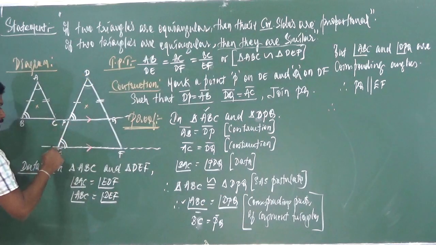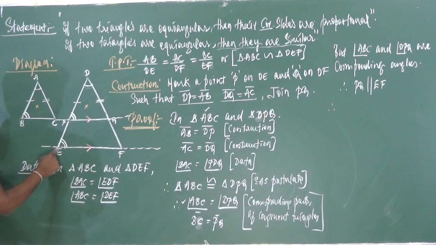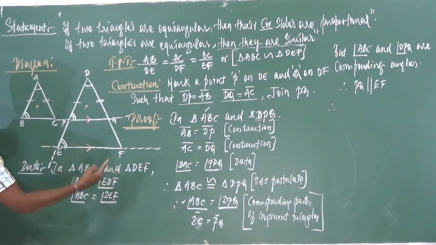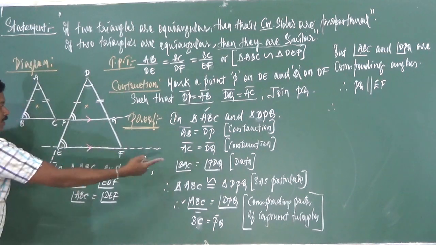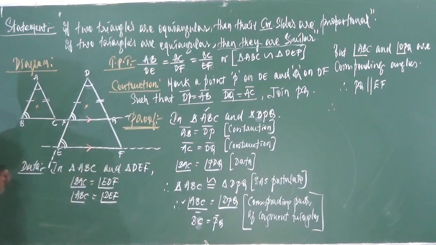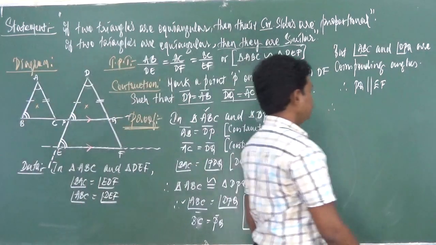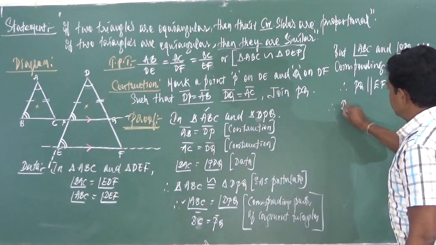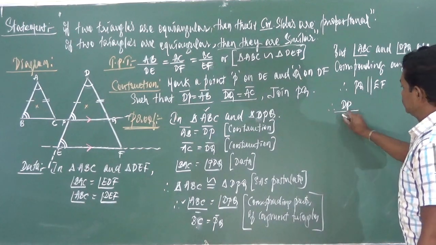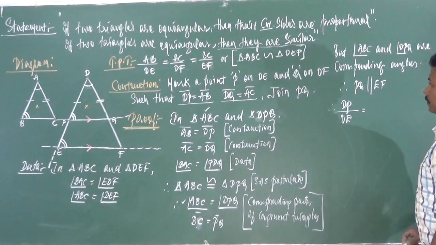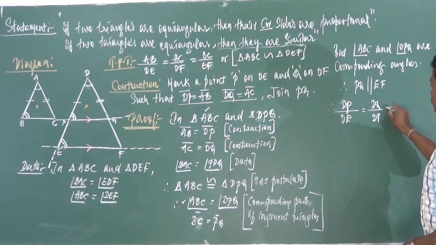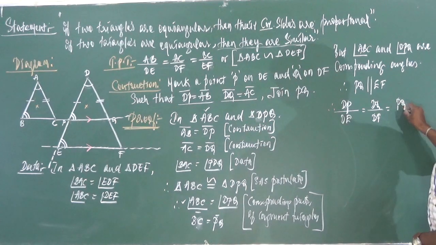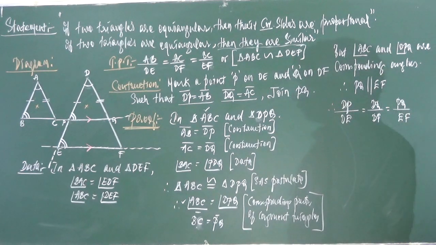DP by DE, DQ by DF should be equal to PQ by EF. Yes, here. So therefore, DP by DE is equal to DQ by DF, which is equal to PQ by EF.